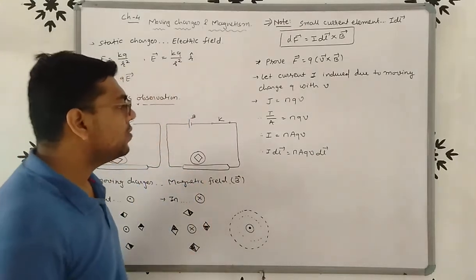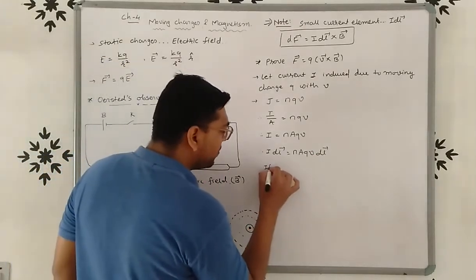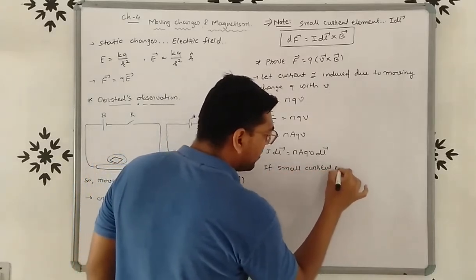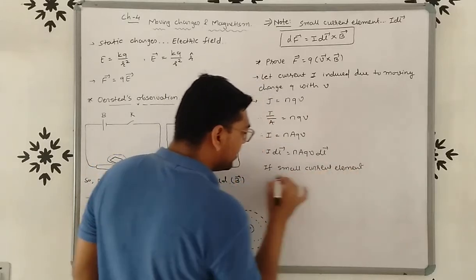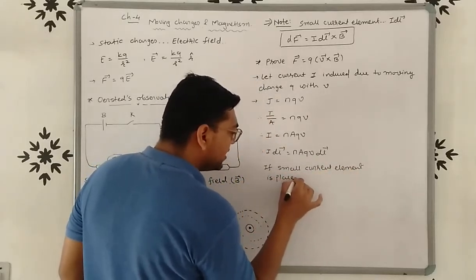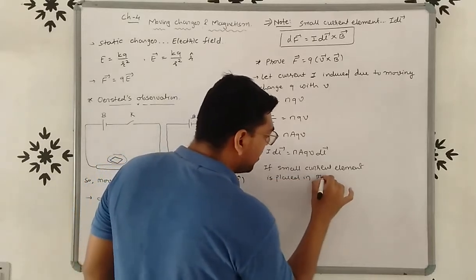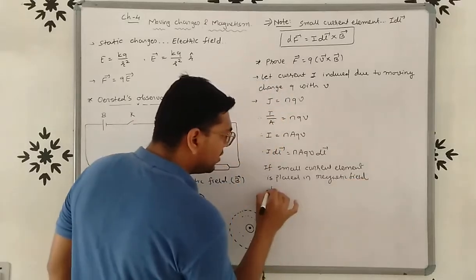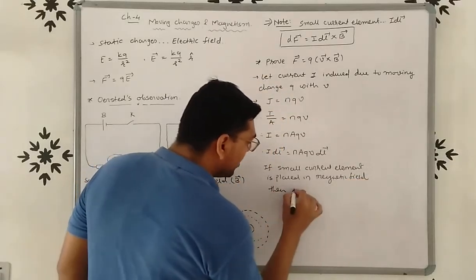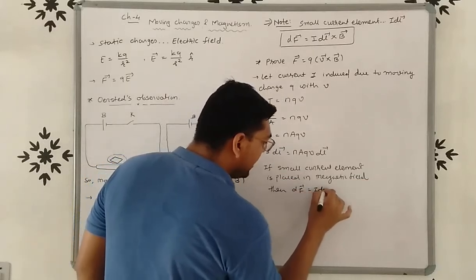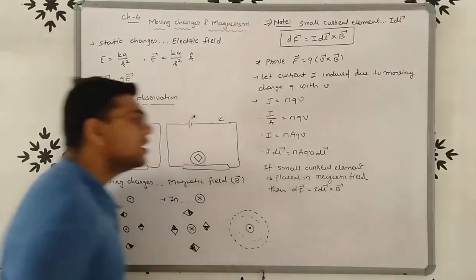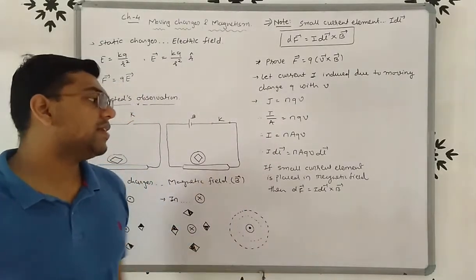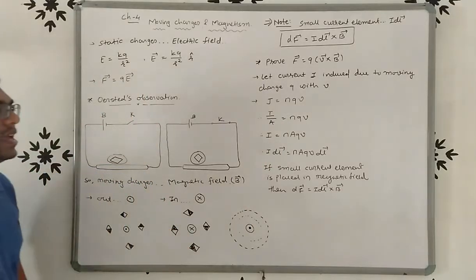Now we know that if a small current element is placed in a magnetic field, then dF is equal to IDL cross B. Right.